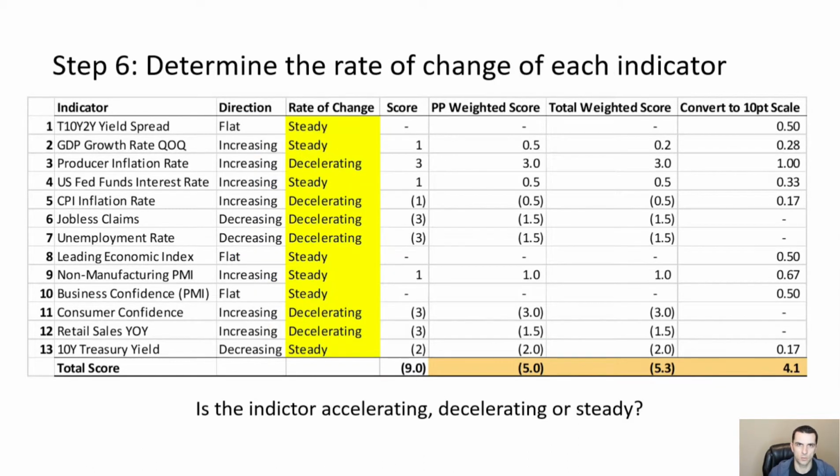After that, I look at the rate of change. So this is probably the most important part of my economic indicator analysis, is I'm looking to see, is it accelerating, is it decelerating, or is it holding steady? So, as I've said before, just because the direction is moving a certain way, is it slowing, or is it accelerating, or is it just holding steady?